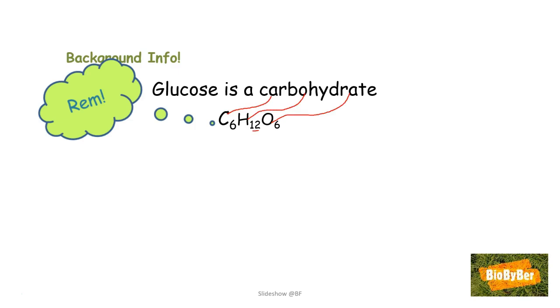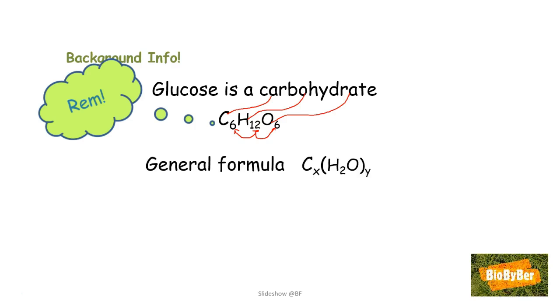There is twice the amount of hydrogen compared to the amount of carbon and the amount of oxygen: 6 carbon atoms, 12 hydrogen and 6 oxygen atoms per molecule of glucose.